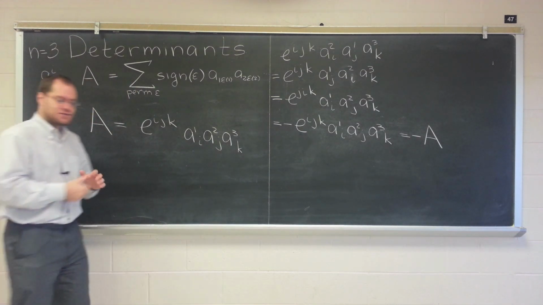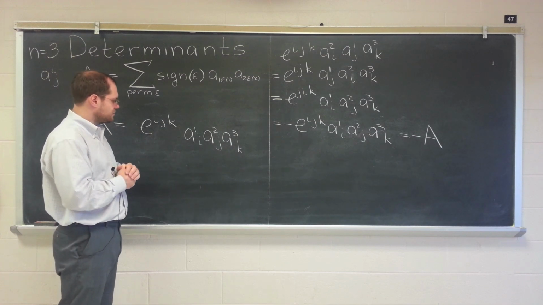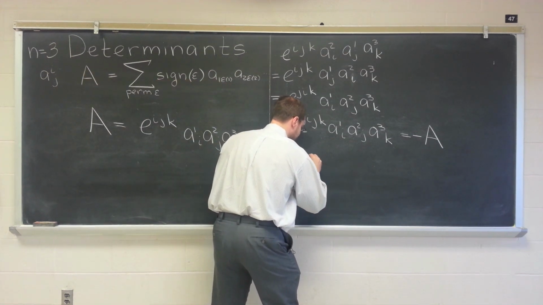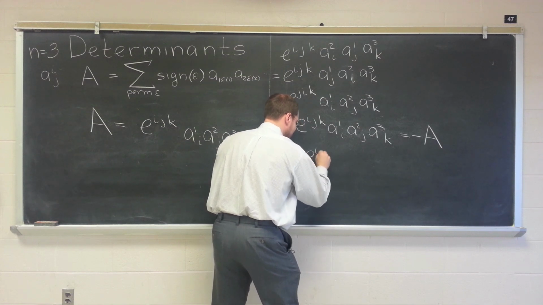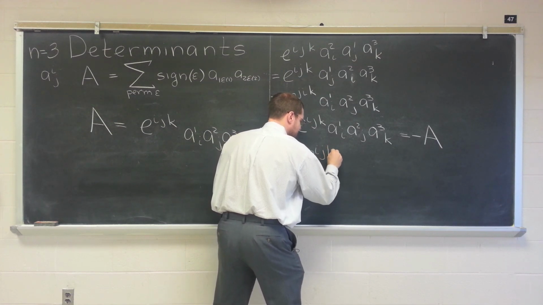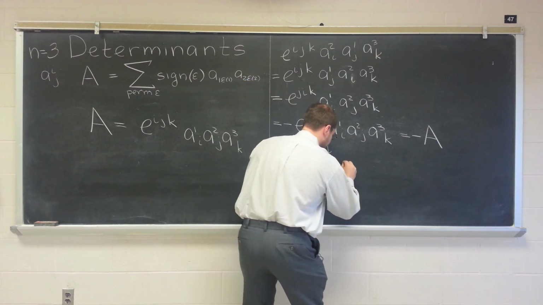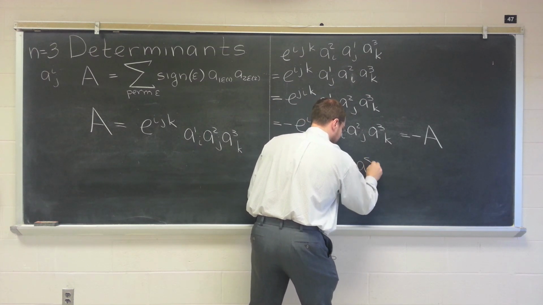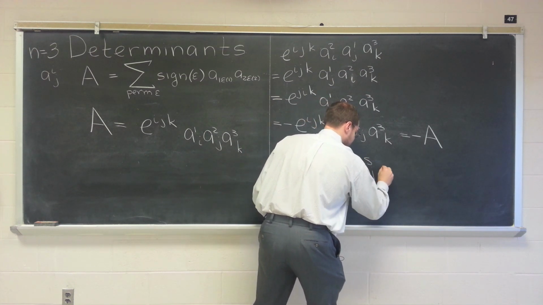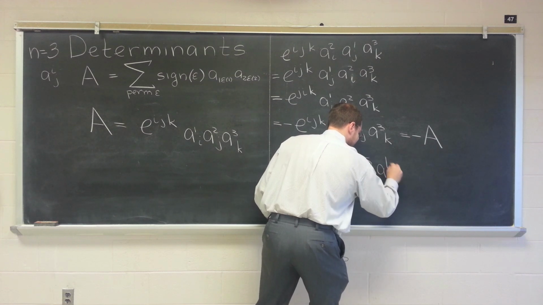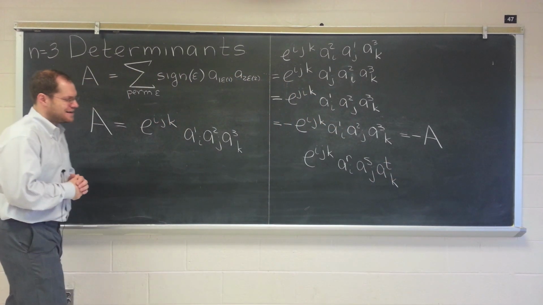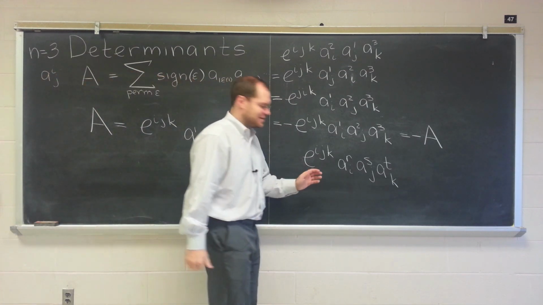This leads us to the following definition. Consider the combination E I J K, A R I, A S J, A T K. Now there's lots of things going on.